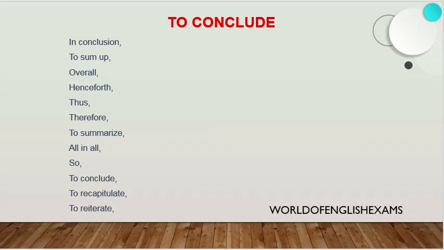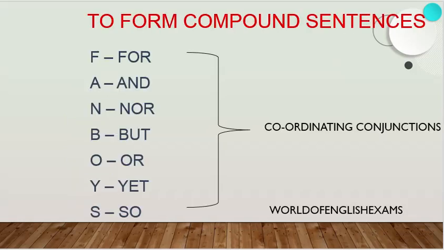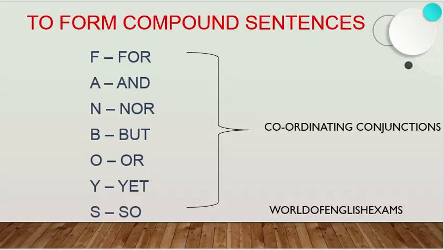Now the next application of linking words is to form compound sentences. While forming a compound sentence, all you do is link two simple sentences together with what are called FANBOYS. A very simple shortcut for you to remember the conjunctions, which are called coordinating conjunctions.